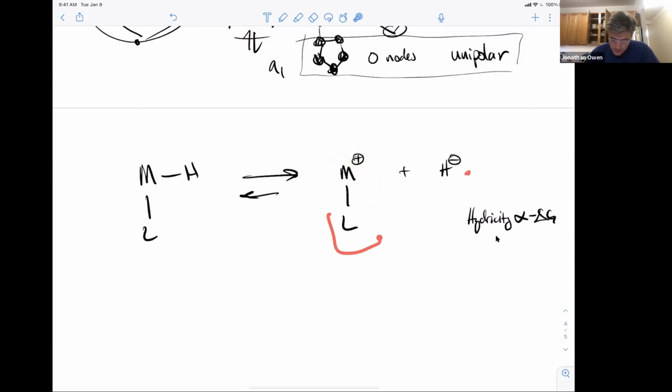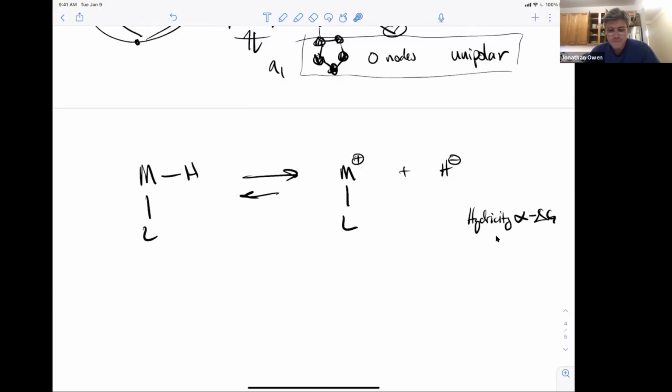So if your ligand is really good at donating electrons, it's a really strong donor, that helps to stabilize that positive charge. The metal says, I'm working with an amido substituent over here, I've got plenty of electron density, I'll give up the hydride, no problem. But if it's got some electron deficient thing stuck to it that's needy and taking away its electron density, then it doesn't want to give up the hydride.